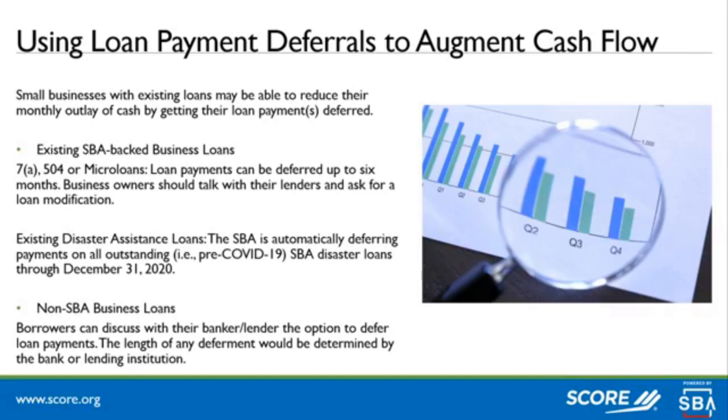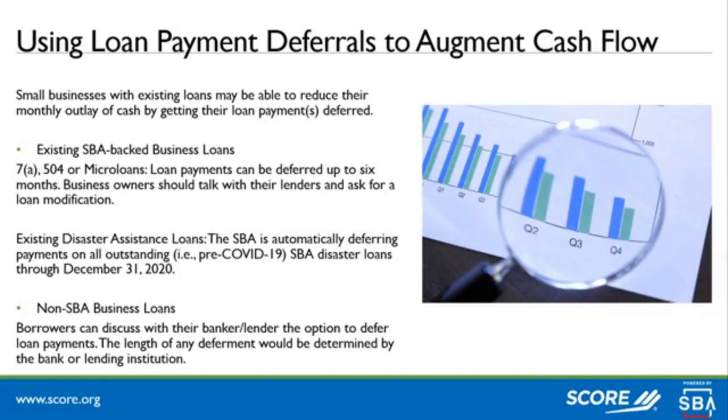So if you already have one of those loans, you can petition to have the payments and interest set aside for 6 months. You can defer that for 6 months, and you need to talk to your lender about that. You have to ask for a loan modification, and you can do that without the interest continuing to accrue. And so you just get a deferral for the 6 months because of this disaster.